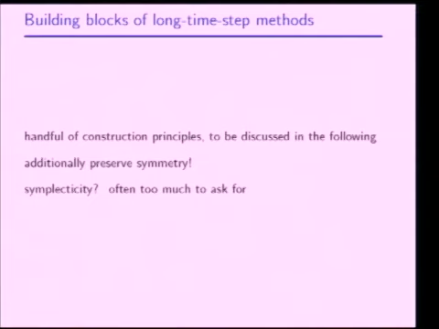This we had yesterday in Ernst's talk, where we saw that the nice explanation of the favorable properties of symplectic methods, all the theory refers to the case where the time step is small compared to the wavelength. And this is just the situation that you don't want to have here. Here we want to have the product of time step with frequency large, and then the backward error analysis, as we know, doesn't directly apply. And it's then not quite clear what is the role of symplecticity in such methods.